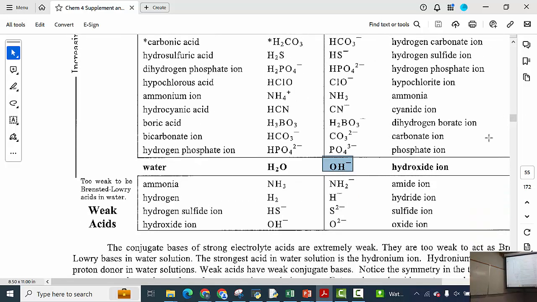Yeah, we did. Ammonia is an acid, right? Ammonia is an acid, but what do you know about ammonia as an acid? It's too weak. You don't really consider it much of an acid, unless you have an extremely powerful base.